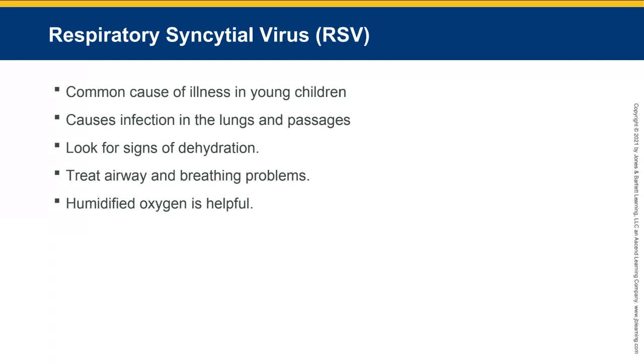So once a person has an infection, they're at risk for dehydration. If they have mucus or secretions being produced in the lungs or ear passage, if it dries out, it becomes thick and it's difficult for the patient to clear it and it can obstruct the airway. Treat the airway and breathing problems. Again, humidified oxygen is going to be beneficial to these patients.